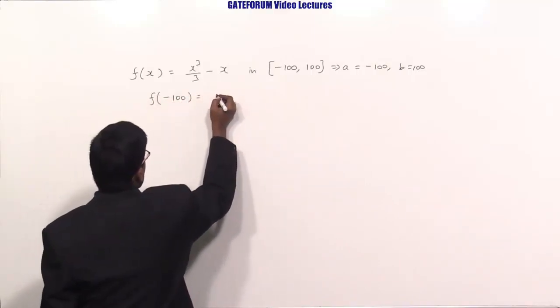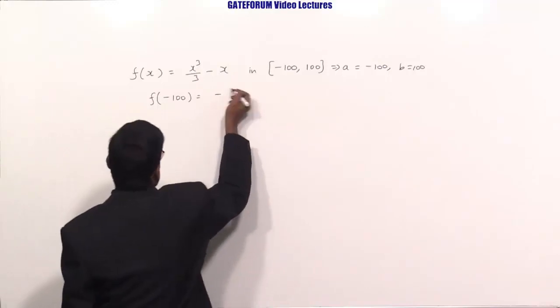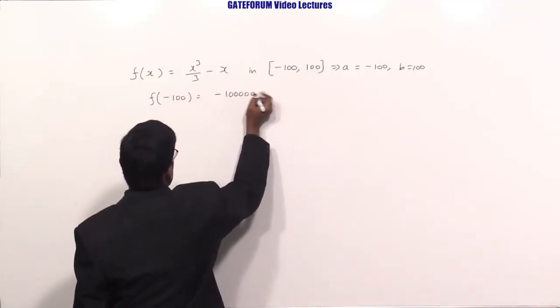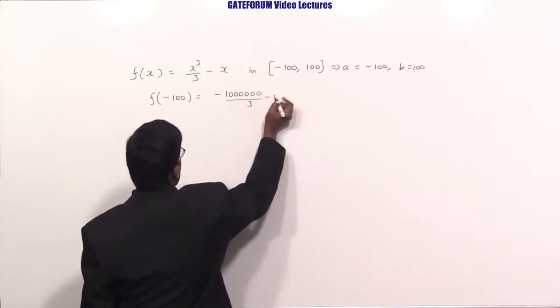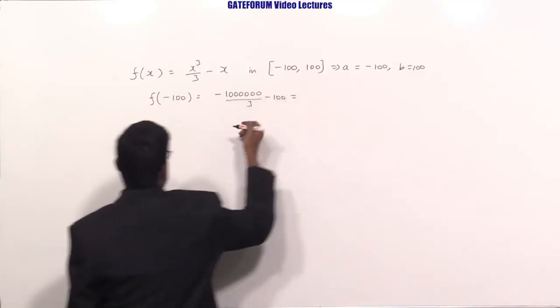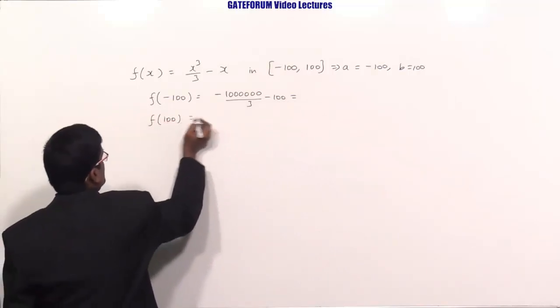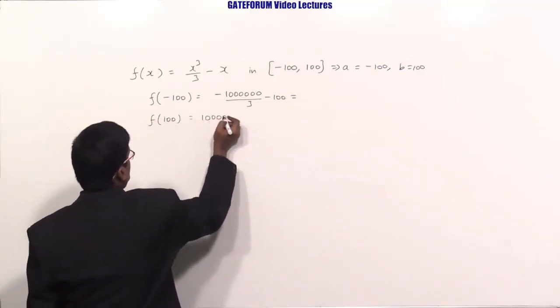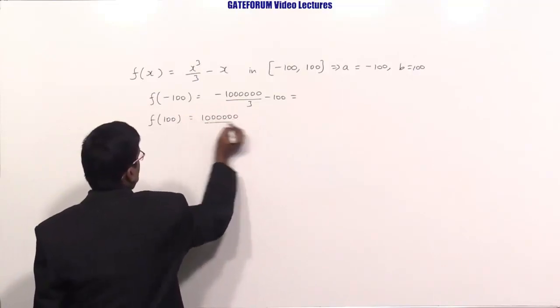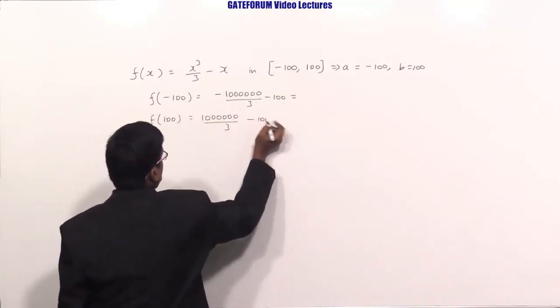So this is minus 100 cube divided by 3 minus minus 100. Later you simplify. f of 100 is 100 cube, 6 zeros, by 3 minus 100.